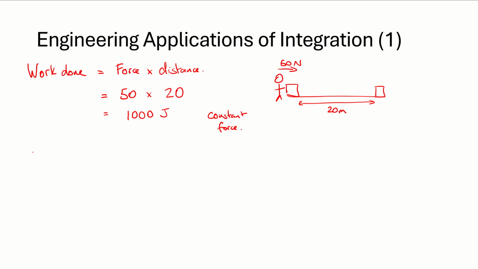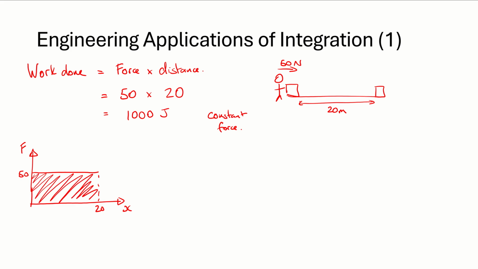And if we think about it like this, if I had a force distance diagram, so F is my force, X is my distance. If I have a constant force of 50 newtons and I pushed it to 20, then my force times my distance is just like the area under that curve, isn't it?